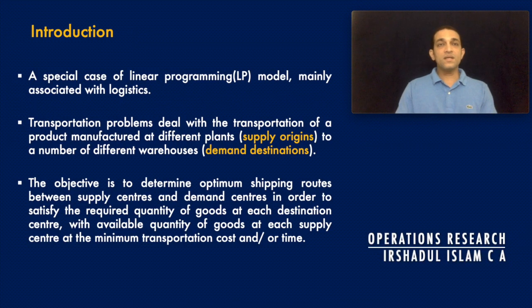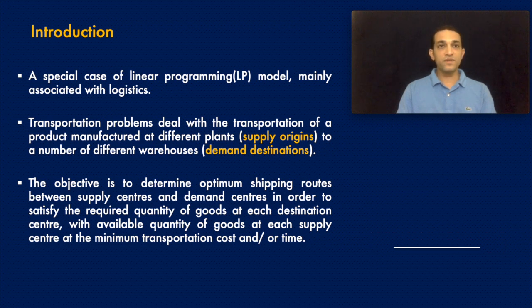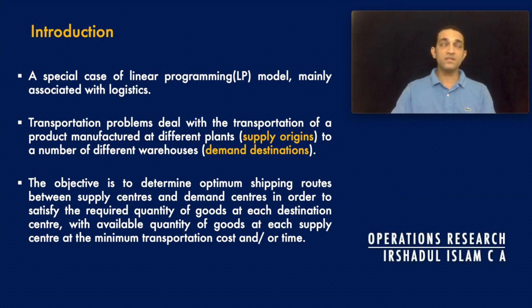We know transportation model is a special case of linear programming model, mainly associated with logistics. Transportation problems deal with the transportation of a product manufactured at different plants to a number of different warehouses.